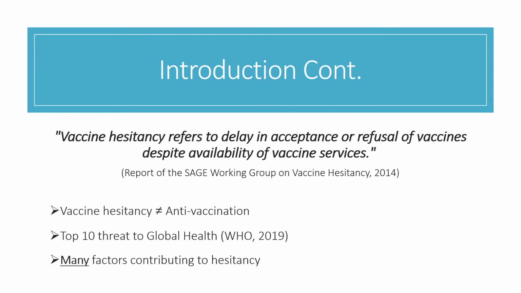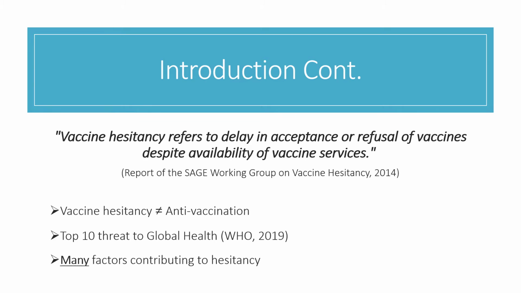Just some points I want to bring up here. Vaccine hesitancy is not the same thing as anti-vaccination. To give an example to explain that, an individual can be hesitant but can ultimately accept a vaccine, whereas individuals that identify as anti-vaccination refuse all vaccines, and it is typically taken a step further where they associate vaccines with, for example, conspiratorial beliefs.